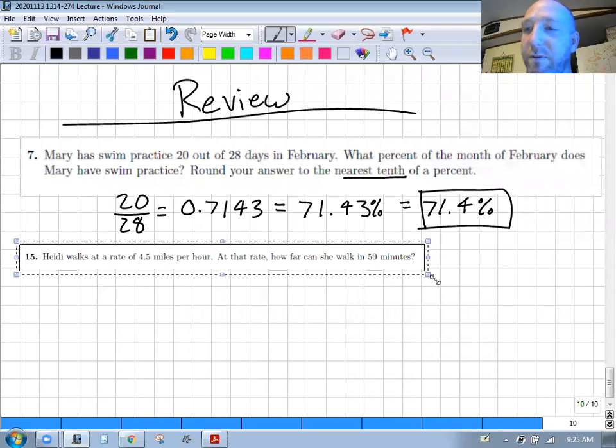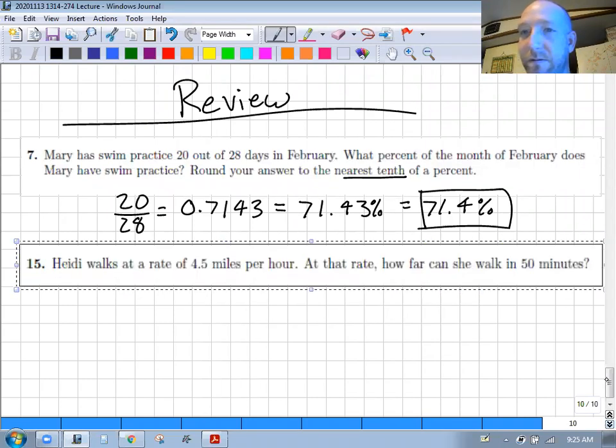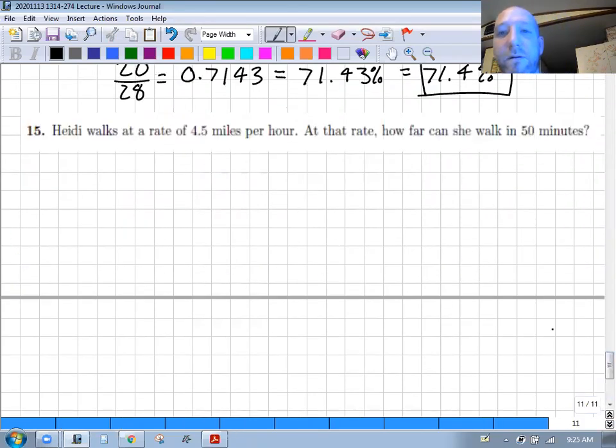Heidi walks at a rate of 4.5 miles an hour. At that rate, how far can she walk in 50 minutes? All right, so this is unit conversions here, right? So we want to take 50 minutes and turn that into a distance, right?